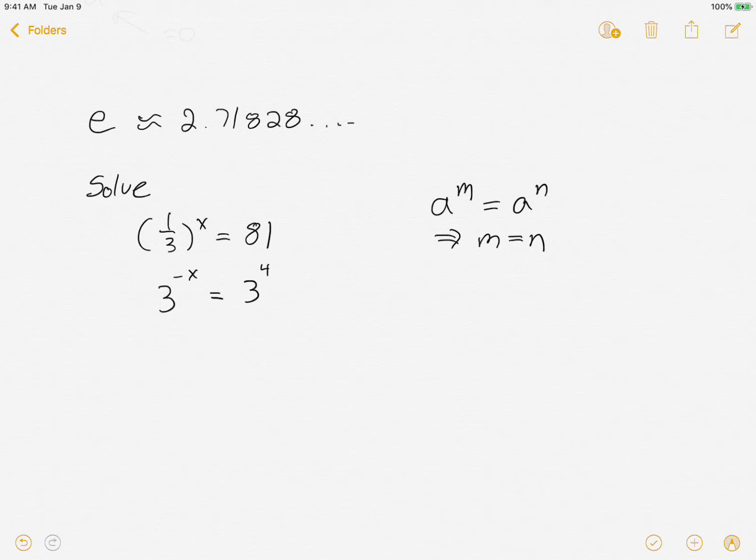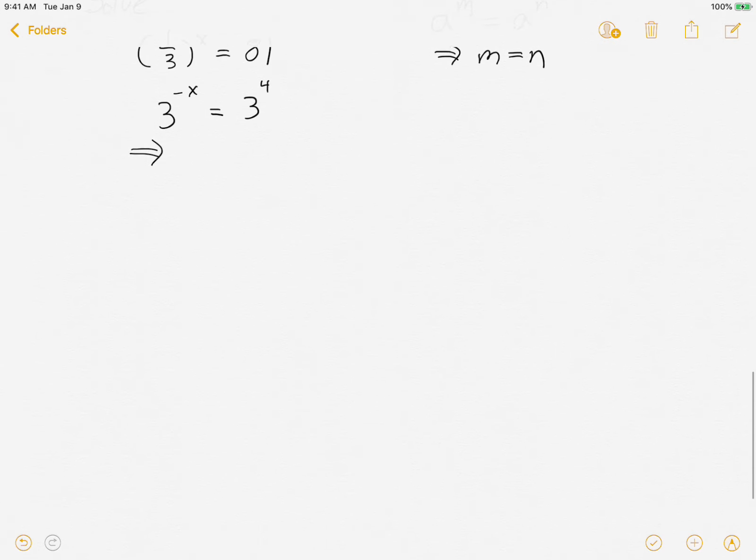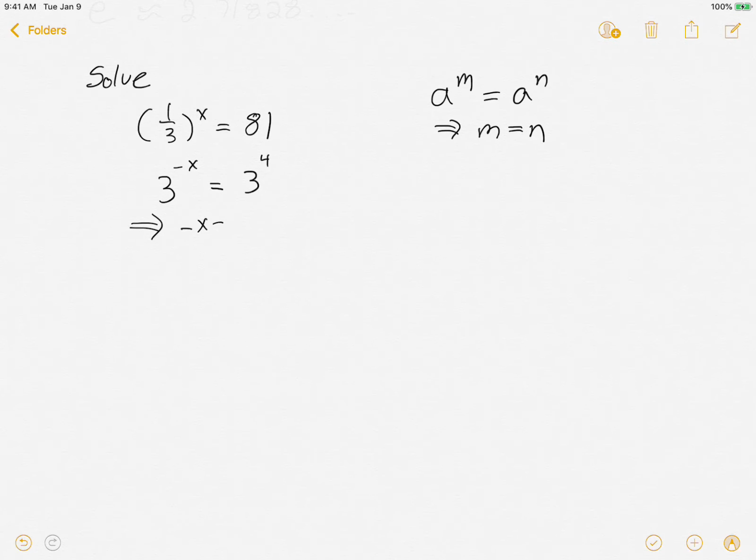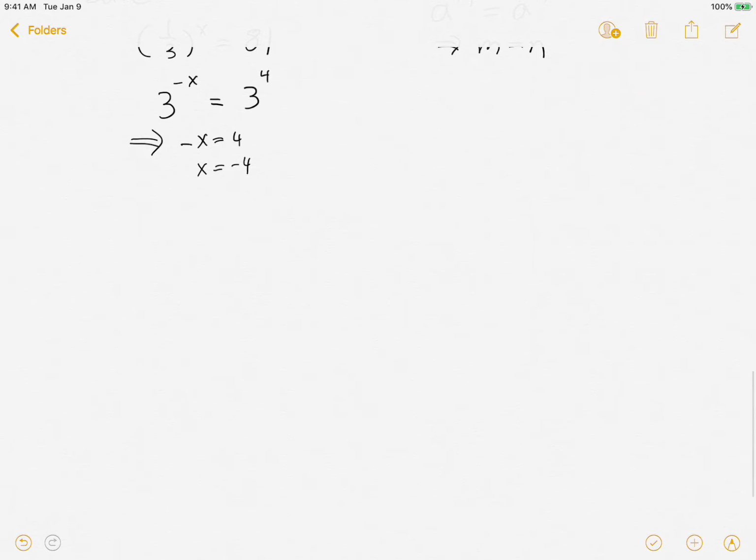I wanted them to the same base, so I wanted to look at 81 and see if I could write it as base 3. And then now that I've done that, I can use rule number 10 to imply that negative x equals 4, so x equals negative 4. That's our first basic way of how to solve exponential equations, using our little properties we just went over.